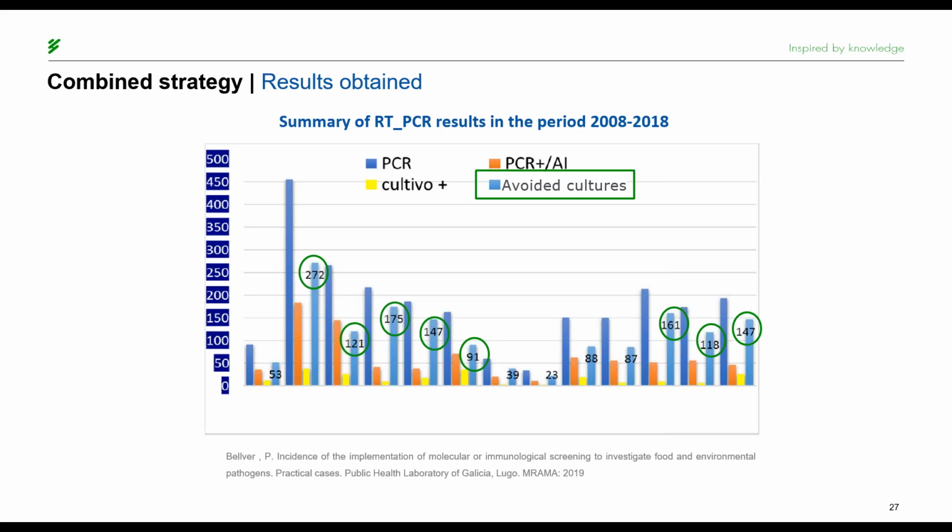All this in addition to the complexity of the culture method, and reminding that these media are very difficult to discard due to the antibiotics in their formulation. It is well established that a combined strategy of qPCR and culture media gives us a very high speed and confidence in obtaining the results.